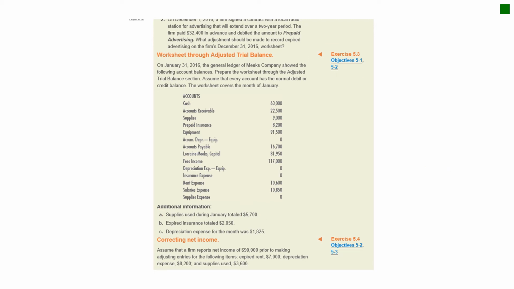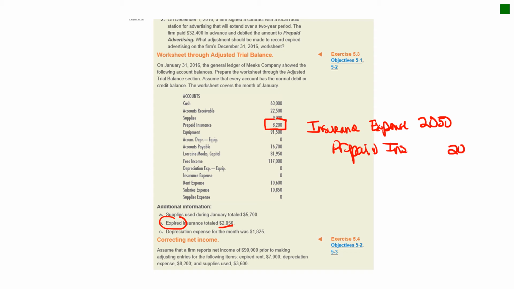Same thing for insurance. It says insurance expired at 2,050, and of course the prepaid insurance account is at 8,200. They already give you the amount. So your adjusting entry would be to debit insurance expense for 2,050, and you'd credit prepaid insurance for 2,050.